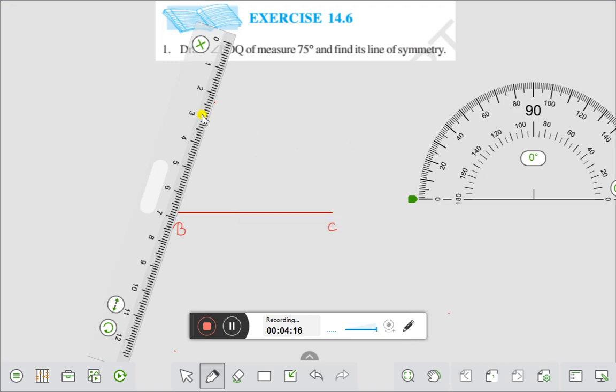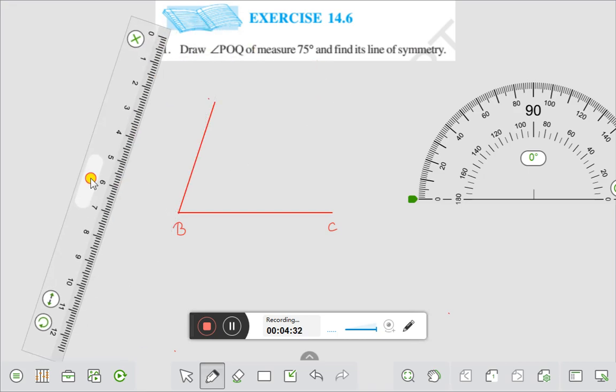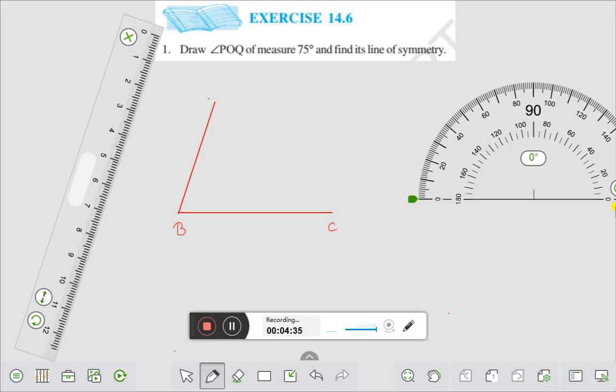Now I'll draw a line here from here to here. I replace the scale. Now here we can give an arrow, and here also give an arrow. This point is A, this is B, this is C.